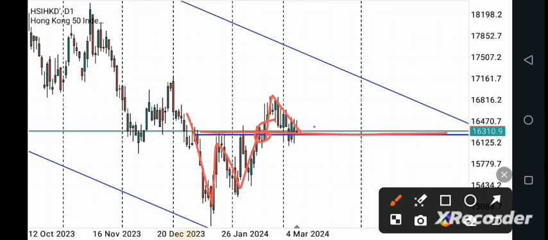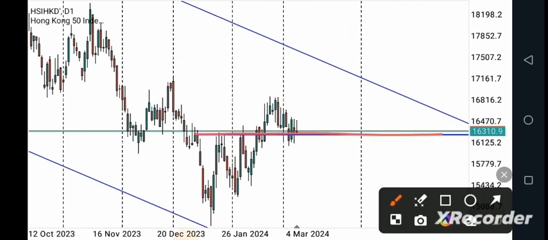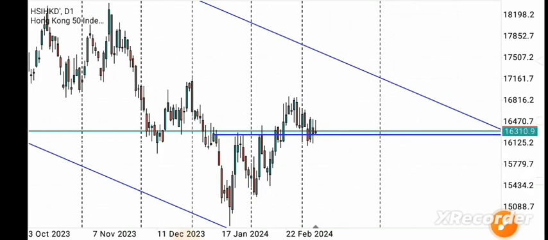Number three, the neckline of the W structure is now a very strong level of support and tells us that we may potentially start to look for buy opportunities. Number four, the neckline of this W structure aligns with the 38.2% Fibonacci retracement level.